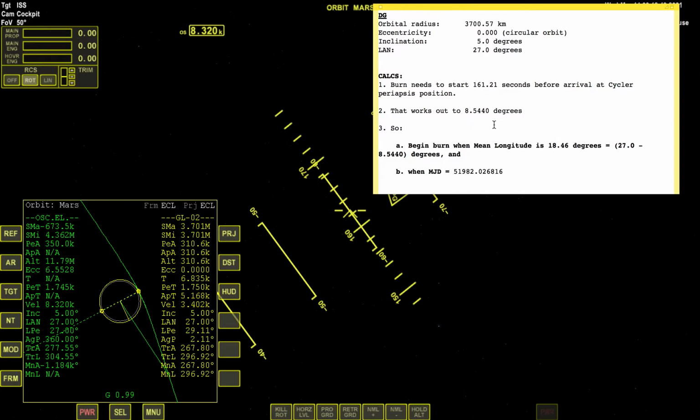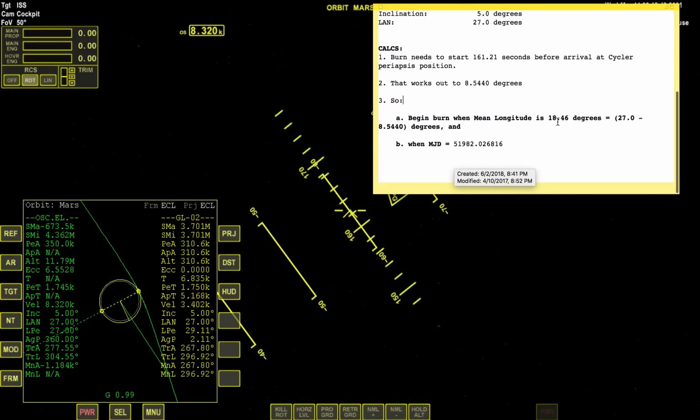And because we know our mean longitude, this means that we need to start the burn when our mean longitude is 27 degrees, which is the mean longitude of the Hermes orbit when it's at periapsis, minus 8.5440 degrees. So we need to launch when the mean longitude of the Delta glider in the circular orbit is 18.46 degrees.